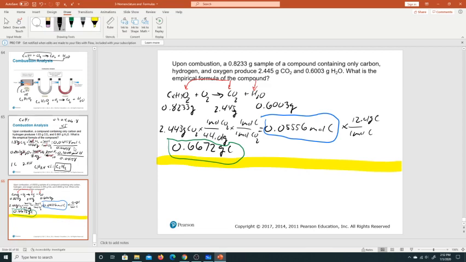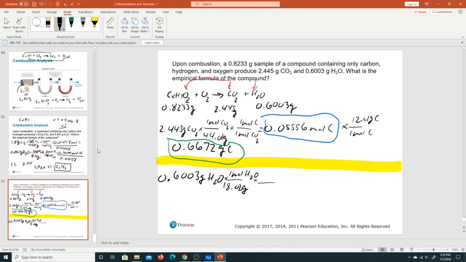For H, same stuff. H came from water. 0.6003 grams of H2O. Water has a molecular weight of 18.02 grams per 1 mole of water.